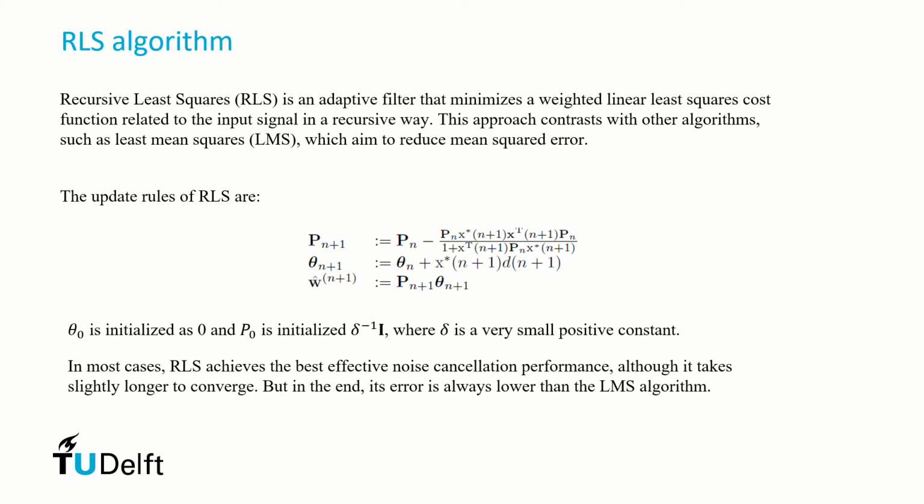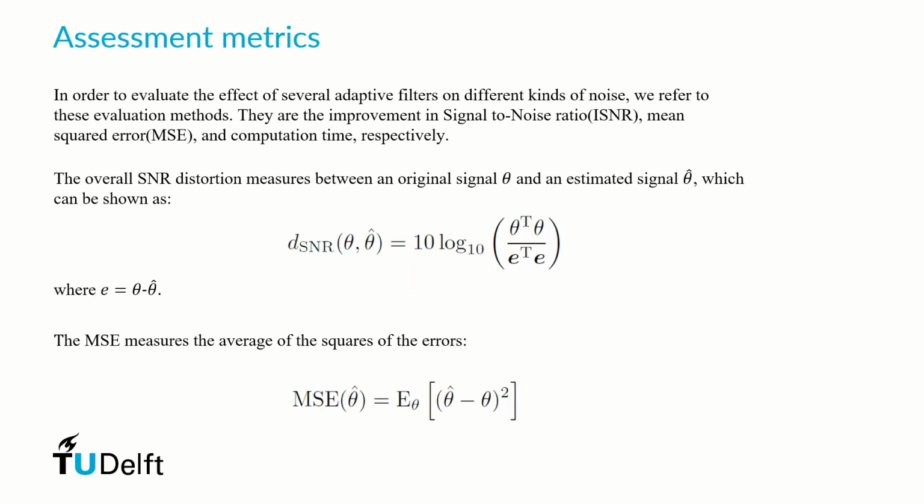And the update rules of RLS are shown on the slide, where theta 0 is often initialized as 0 and P0 is often initialized as the inverse of delta times the identity matrix, where delta is a very small positive constant. In most cases, RLS achieves the best noise cancellation performance, although it takes slightly longer to converge, but in the end, its error is always lower than the LMS.